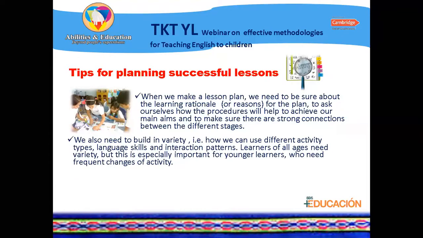We also need to build in variety in our classes. How we can use different activity types, language skills, and interaction patterns. So learners of all ages need variety, but this is especially important for young learners who need frequent changes of activity.